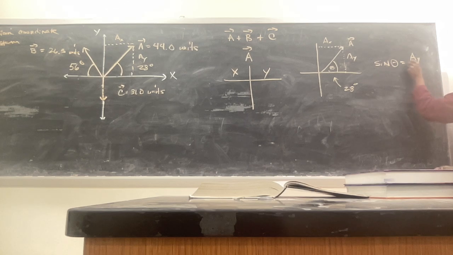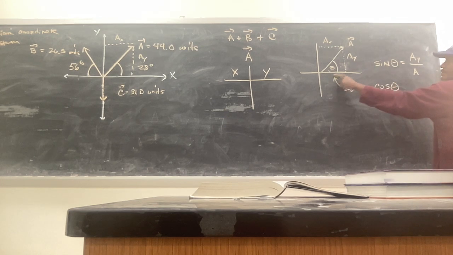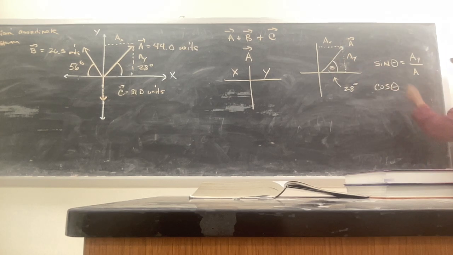A sub y over the vector A, right? And so cosine theta is what? A sub x over A. And tangent of theta is A sub y over A sub x.